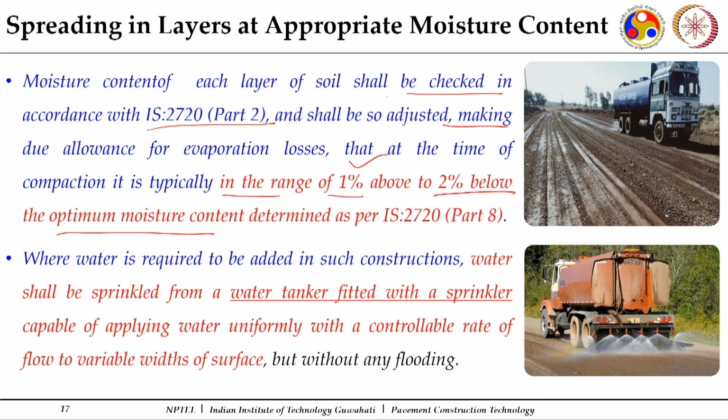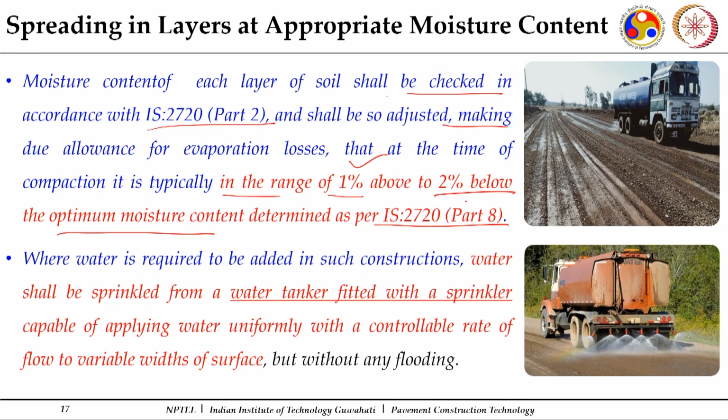So, we will try to keep it within plus 1% to minus 2% of your optimum moisture content, which was derived through IS 2720 part 8, which is for heavy compaction through a Proctor test. If the optimum moisture content was derived as 10%, we will try to go from 9 to say 12% in that case.